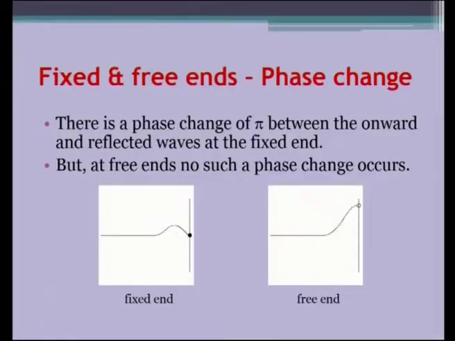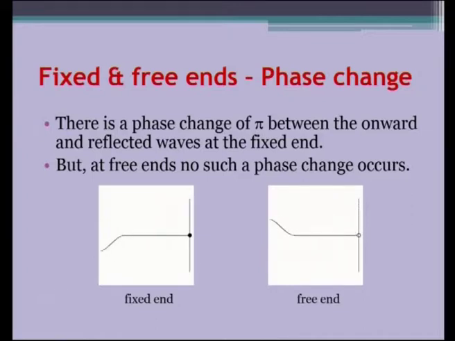Let us see the implication of the reflection. When we say the string is fixed between two ends, sometimes one end could be a fixed end or it could be a free end also. Let us see what they mean.